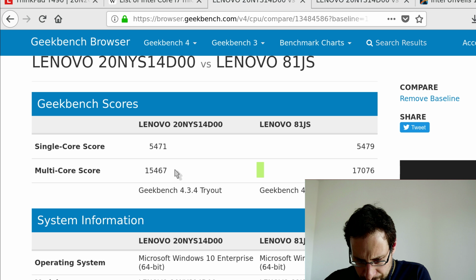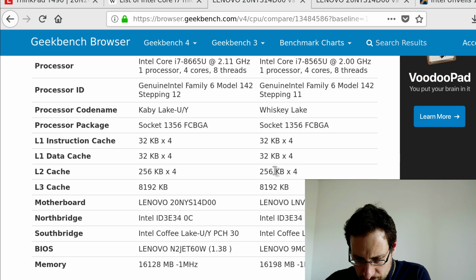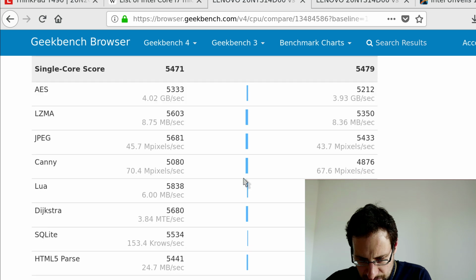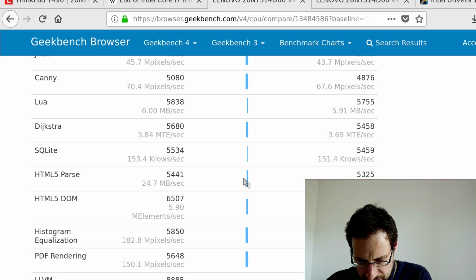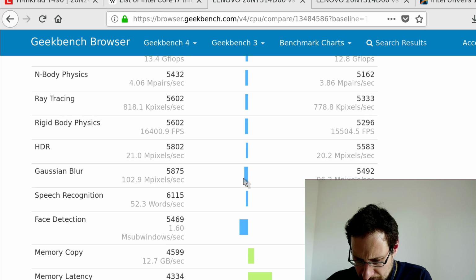And the reason for this, I'm pretty sure most likely is memory configuration. I guess it should be, because you see here all the benchmarks, all the small benchmarks, single core benchmarks, they are all just a little bit faster here for the most part. And then with memory significantly slower here, 2 GB per second.